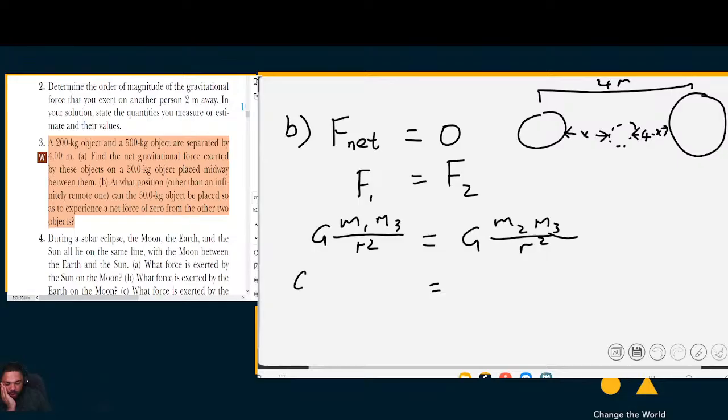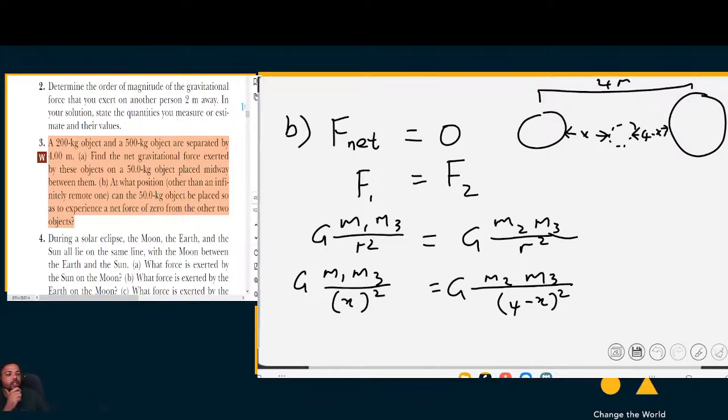So we have G M1 M3 over x squared, where x is the distance here, and then G M2 M3 over 4 minus x squared. That's the type of problem that usually trips people up, especially this x and 4 minus x convention. So here we can cancel M3, it comes in both.